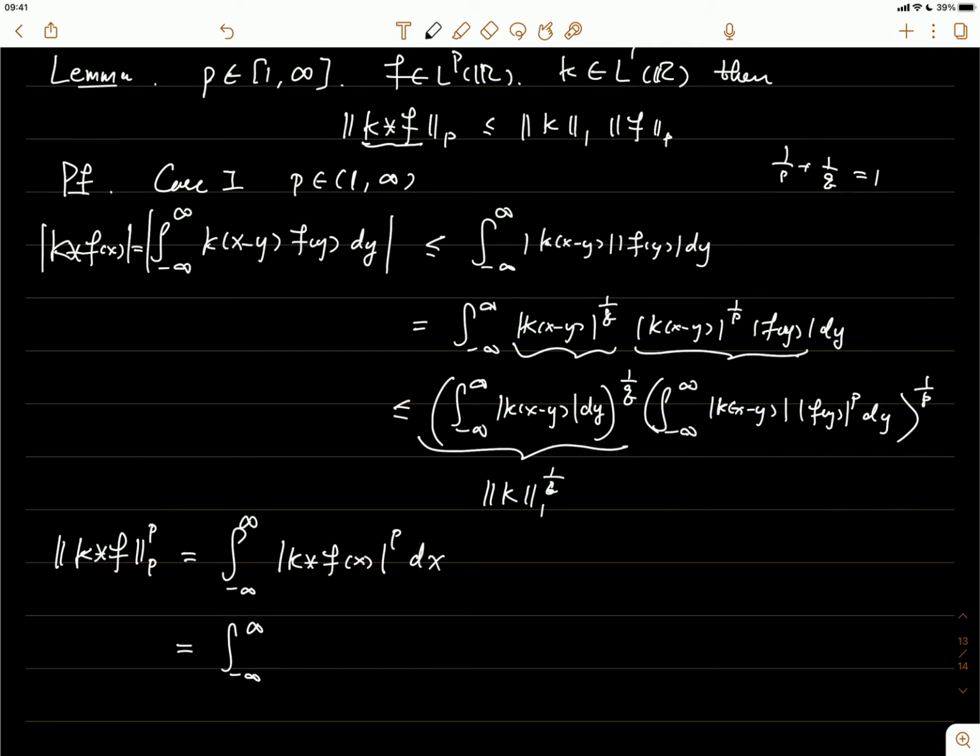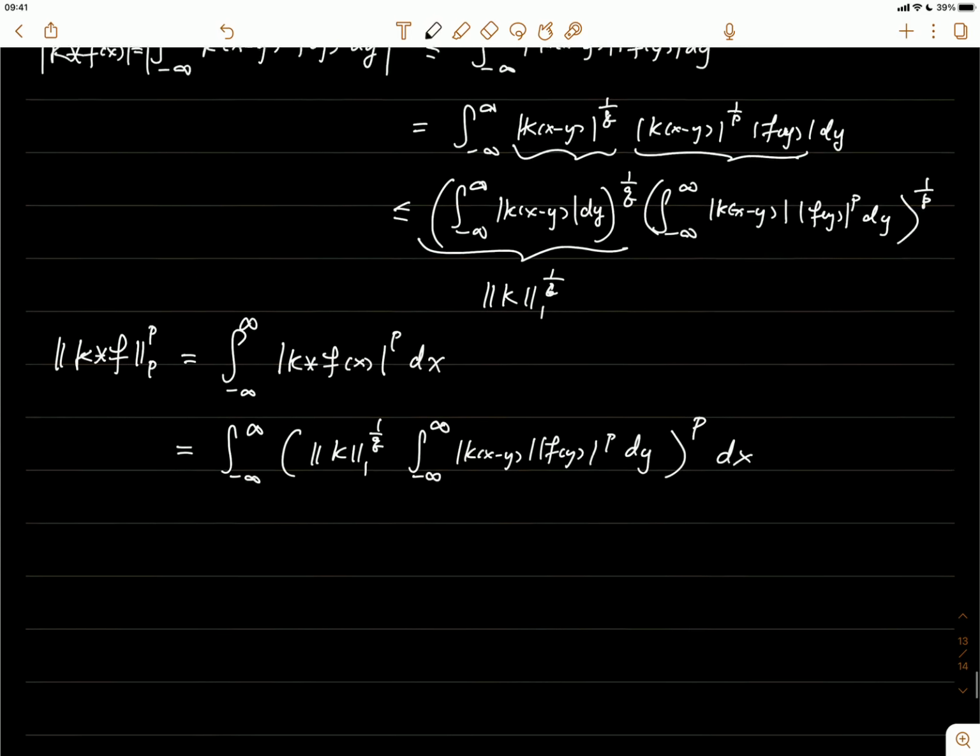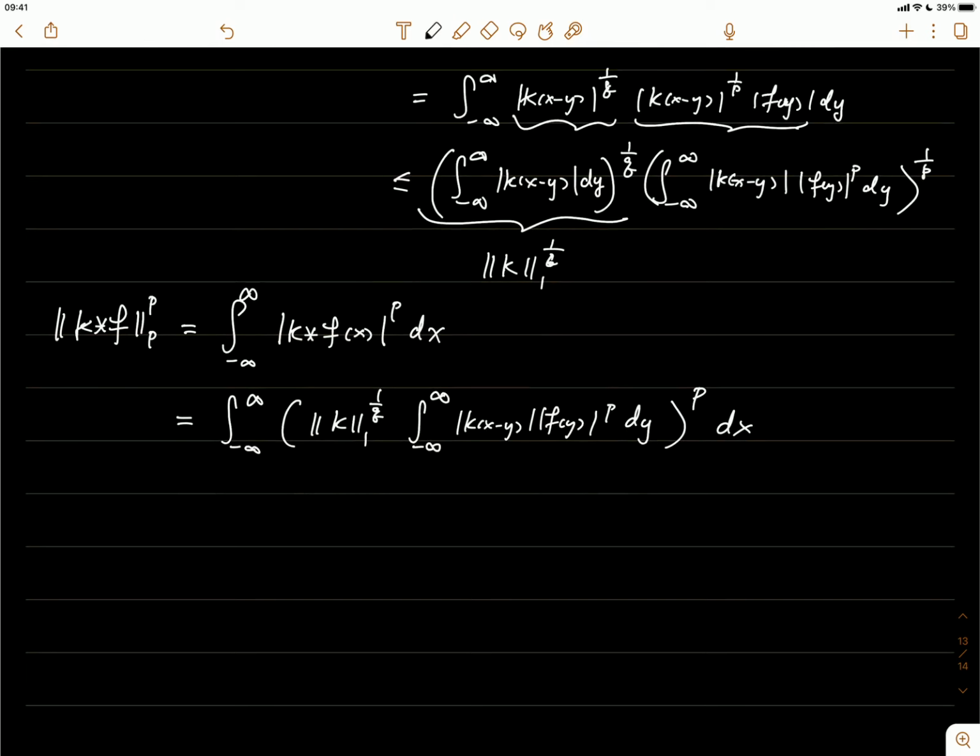And what we showed above is the integrand is bounded by this quantity here. So I'm just copying it. So it's the k1 norm to the 1 over q times this quantity right here, dy, this whole thing to the power p, dx. Okay. So what happens to this is, sorry, I shouldn't have this p anymore.